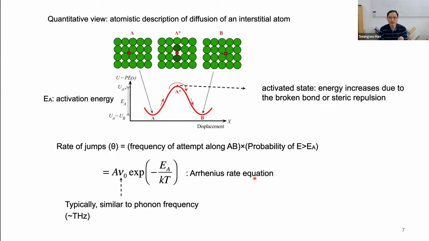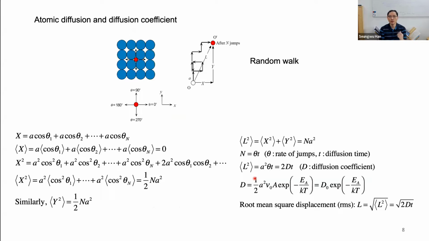And given this jumping rate, now we can actually obtain the diffusion coefficient of the dopant. So this is the basic random walk problem, and it makes the jumps randomly. In this simple 2D example, there are 4 directions you can jump: 0, 90, 180, and 270 degrees.